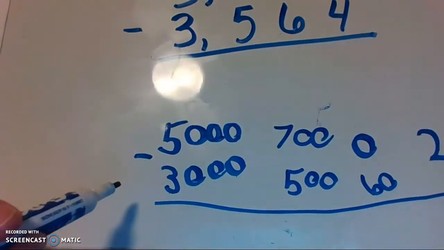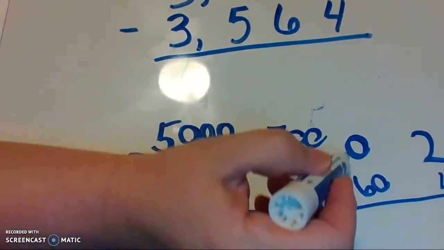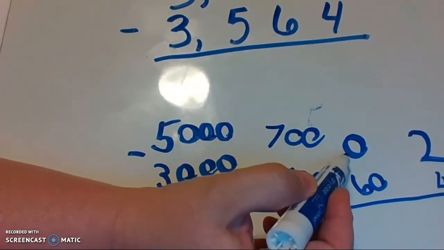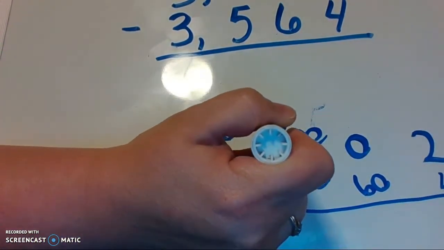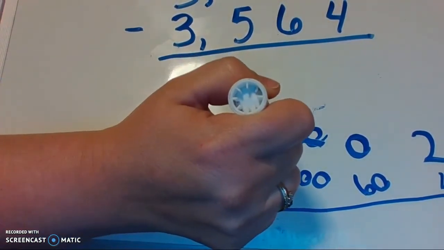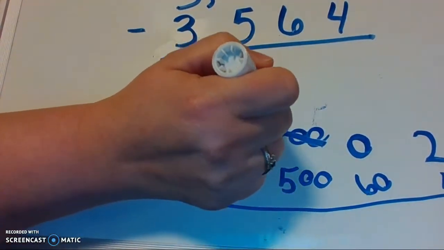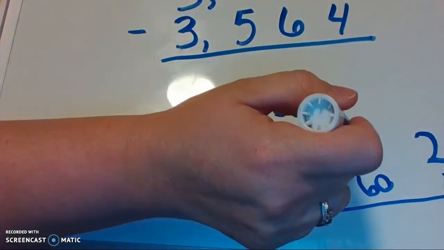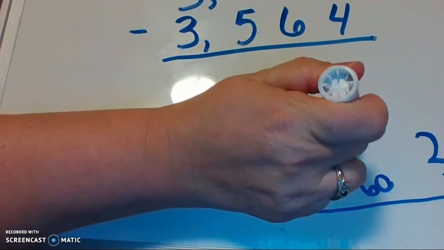So I start over at my ones. 2 minus 4. Oh my goodness, I can't do that. So I usually just come right over here and borrow a 10. But as you guys see, I don't have any tens. So I'm going to have to first take a 100 to make my 10. So 700 minus 100 is going to get me 600. Now I'm going to have 10 tens, which equals what? 100.